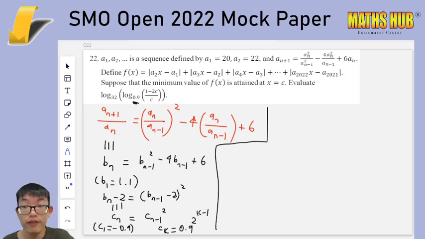Now, we know that we have just found some information about the ratio, so it stands to reason that for dealing with f of x, we can actually factor out the A2s, A3s, A4s, and all of those, so that we will get a ratio on the inside.